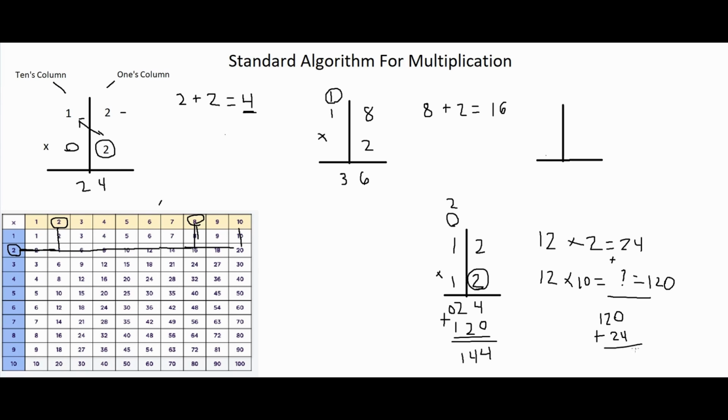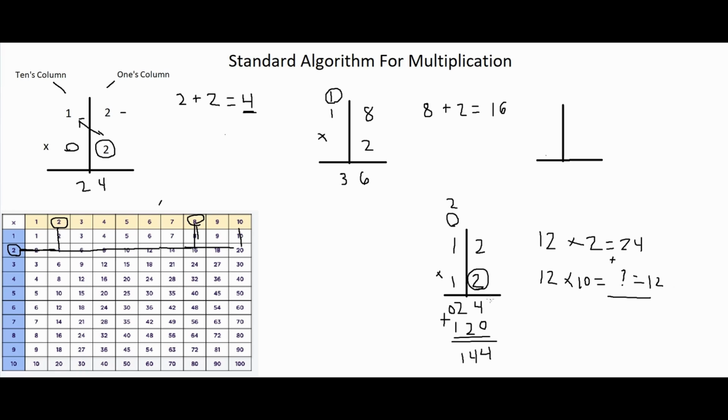So this ends up being 4, because 0 plus 4 is 4. And then 2 plus 2 is 4. And then 1 plus 0 is 1. So that's 144. So if we use this method, we also find out that it's 144.